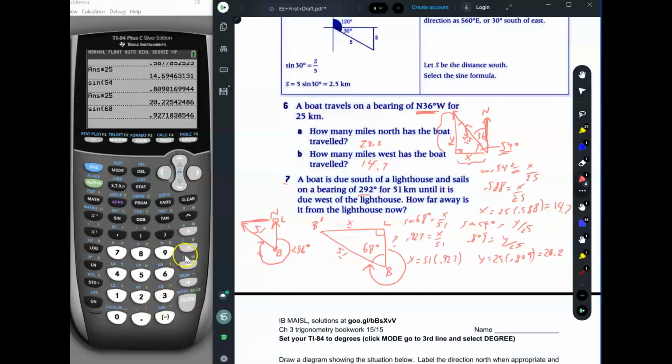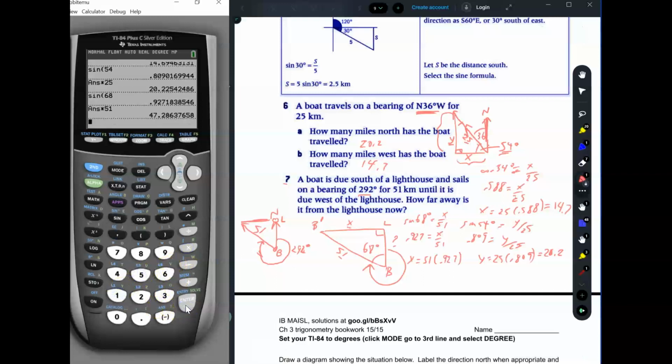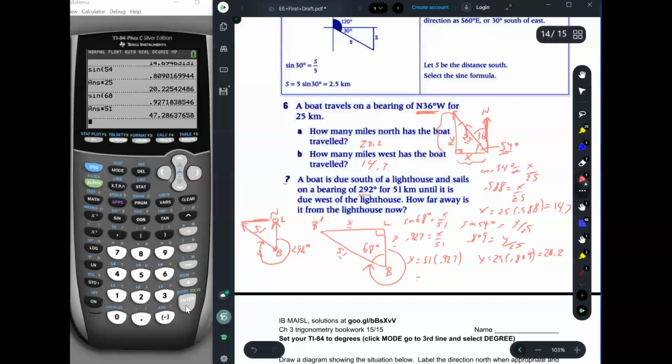So I'm going to multiply this times 51 to get the distance of x. And it turns out it's 47.3. Okay, so the answer is it's 47.3 kilometers due west of the lighthouse. So this is going to be 47.3. Okay, and that's it for page 14.